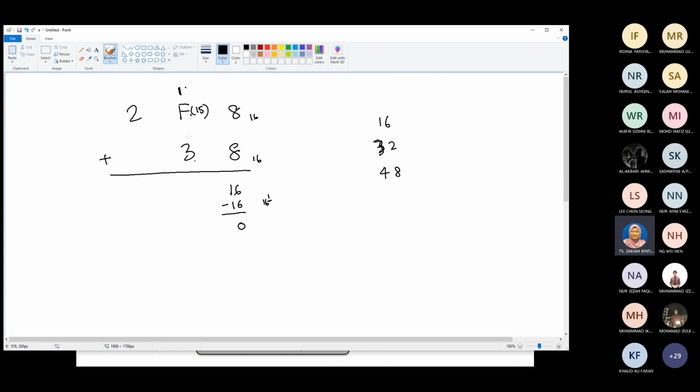I will put it in a bracket to tell myself this is decimal. So 1 plus 15 is 16, 16 plus 3 is 19. You will get 19, and then minus 16 again, so you will get 3 this time. Here is 16 power of 1 again, so you carry forward 1 here. So 1 plus 2 is 3.